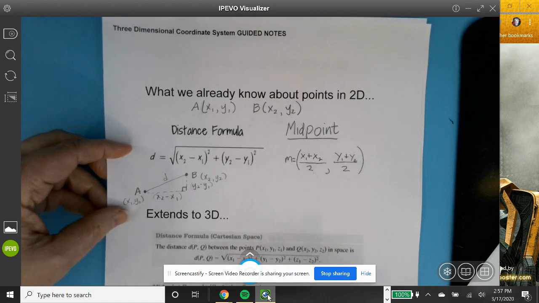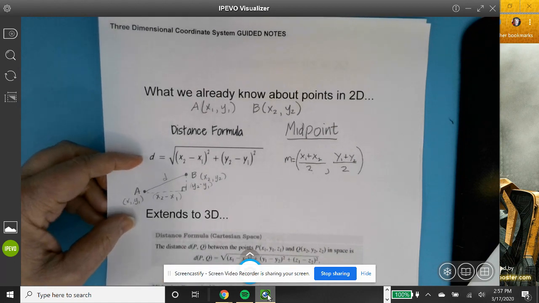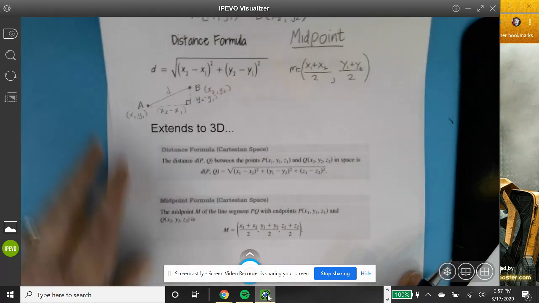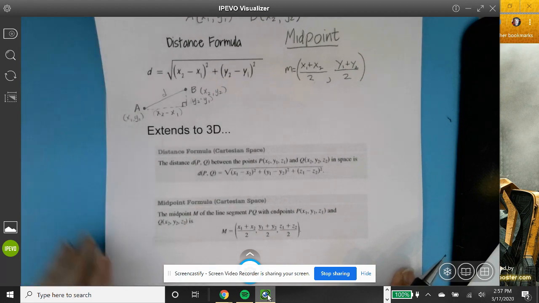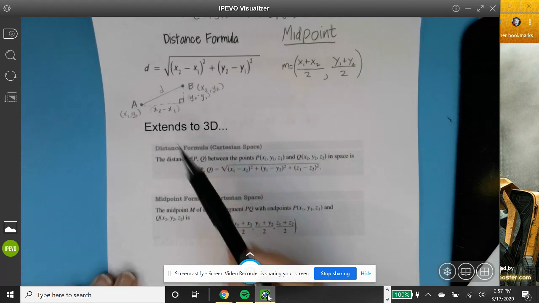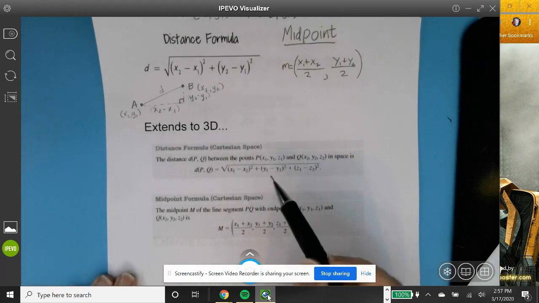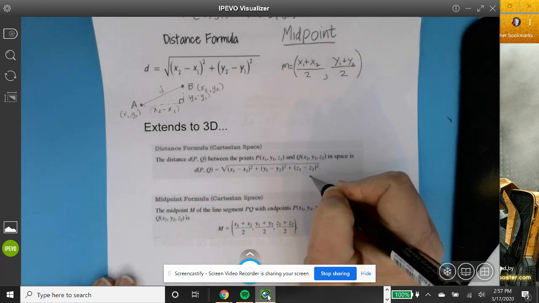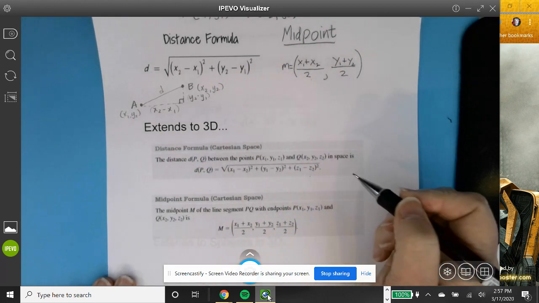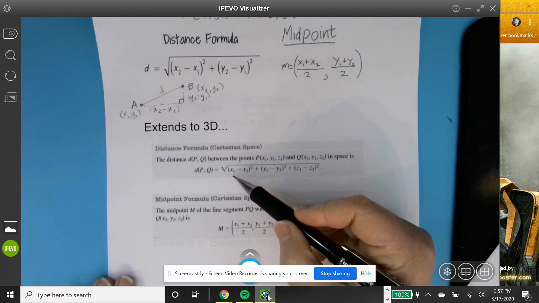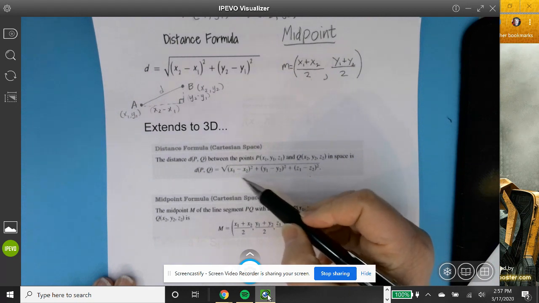The good news is we can extend this to 3 dimensions using the same exact formula, except that we're going to tack on a z component at the very end. It doesn't matter if it's x1 or x2 subtracted first, because we're squaring it.